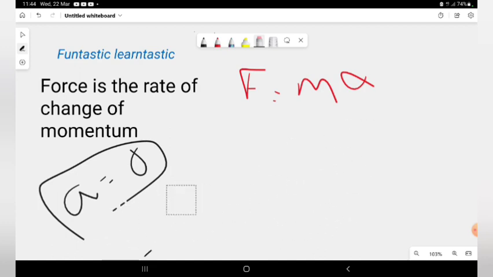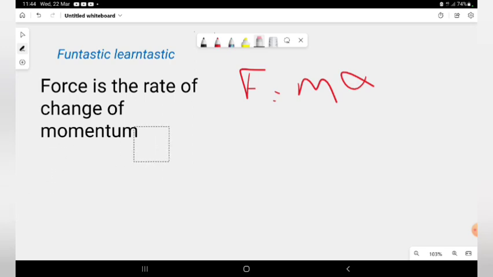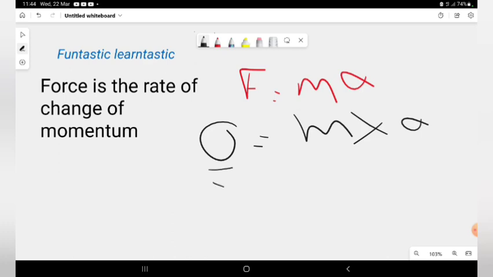Alright, so while proving the law of conservation of momentum, we took the force to be 0, didn't we? So again we will take this to be 0. So mass into acceleration equal to 0 certainly means that either a is 0, m is 0, or both of them are 0. So what do we need to prove? That a is 0. And why is m not 0?